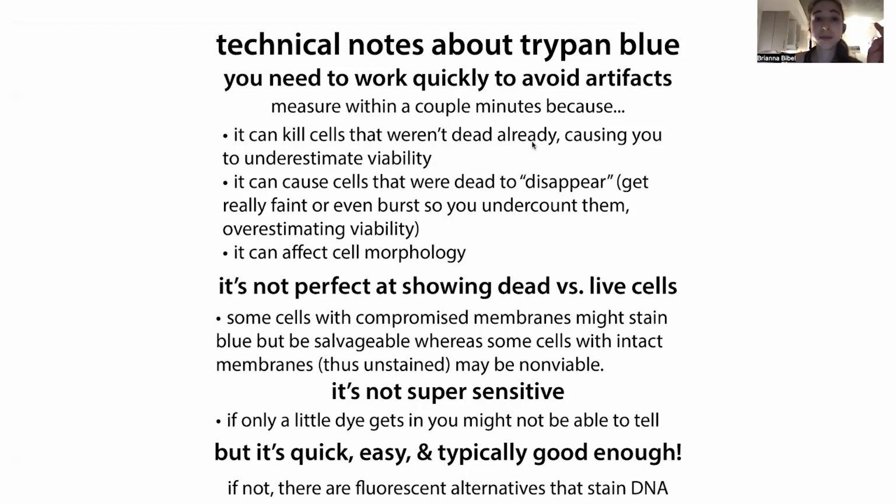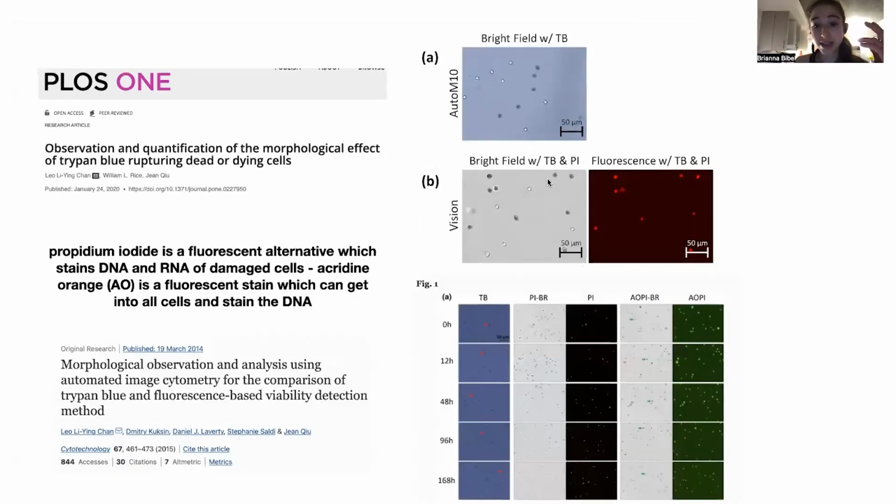So if it's killing cells, over here you can see that the amount of dark, stained cells is increasing over time. Here, this TB is the Trypan blue. This PI is propidium iodide, which is a fluorescent alternative that stains the DNA and RNA of damaged cells.